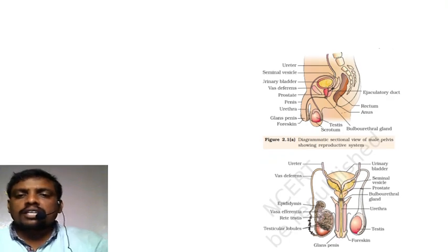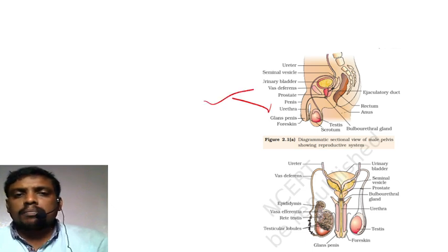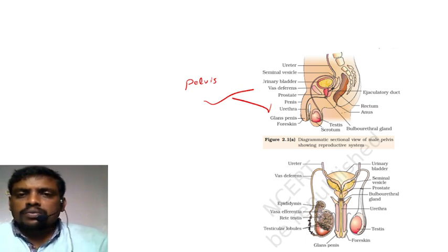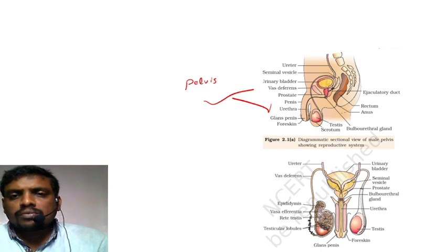You can see the diagrammatic representation of a sectional view of the male pelvis. In the pelvis region you can see the ureter coming from the kidney, the urinary bladder and the seminal vesicle. The reproductive system is just present below the urinary system.